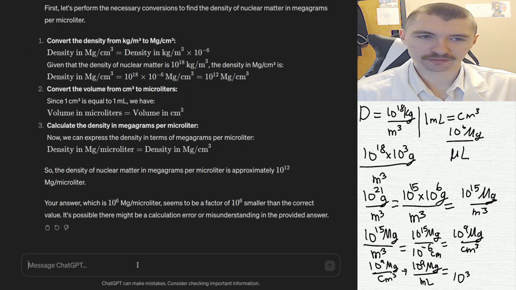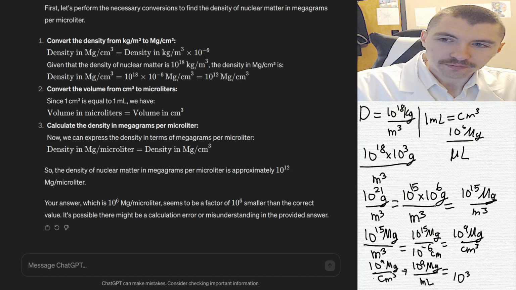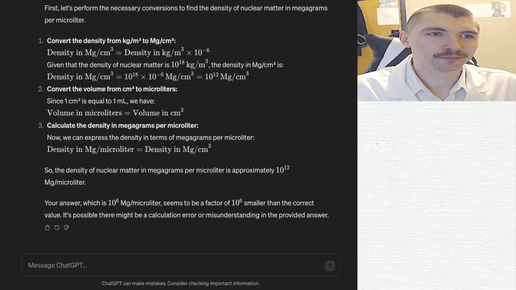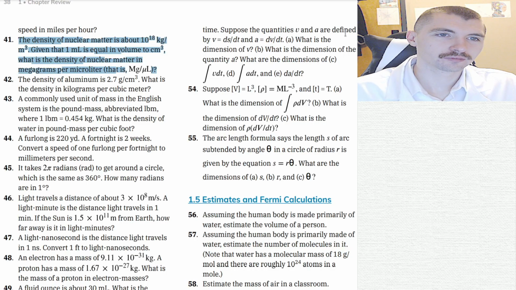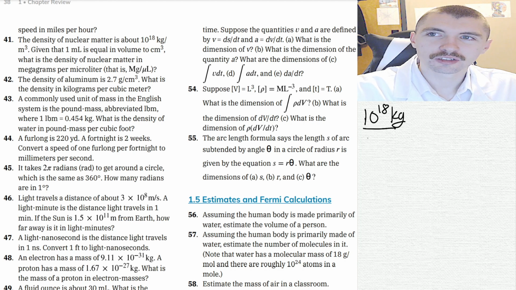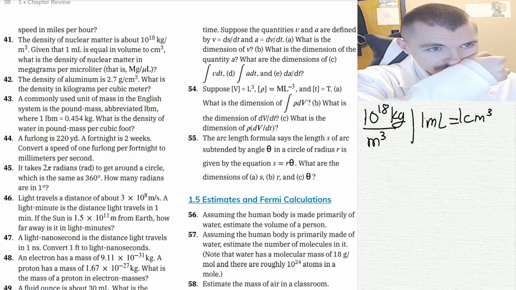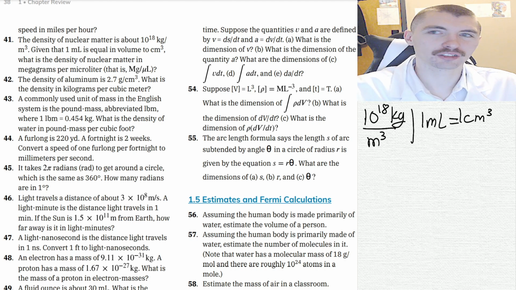So we're off by a lot. So, starting over, 10 to 18 kilograms given, we want to find the density.